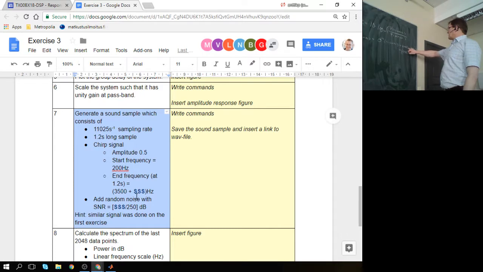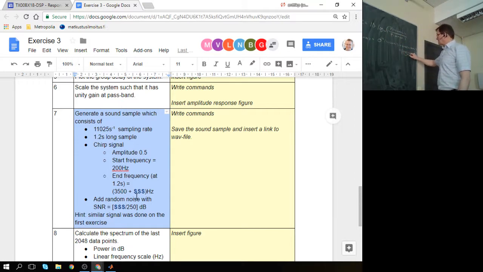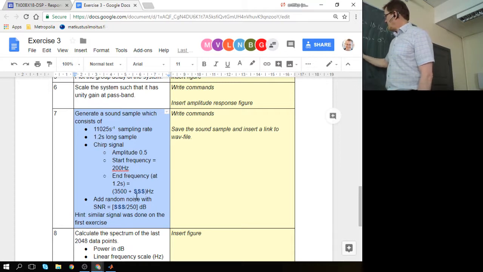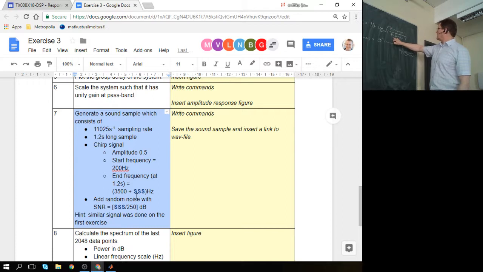Power of noise is the same as variance of the noise, which is the same as standard deviation of the noise squared. Simplifying a little: for the signal, standard deviation squared, and for the noise, noise standard deviation squared.